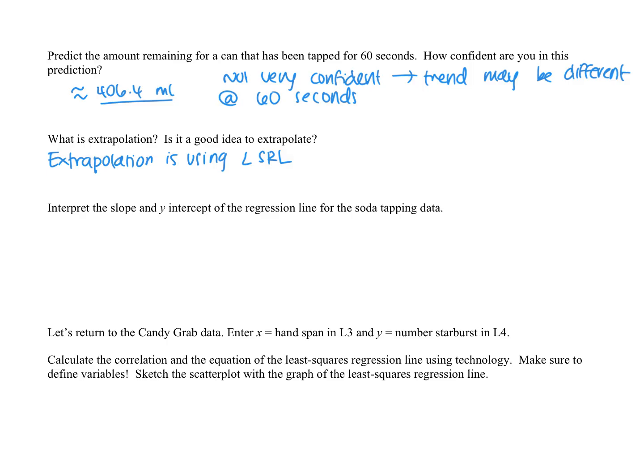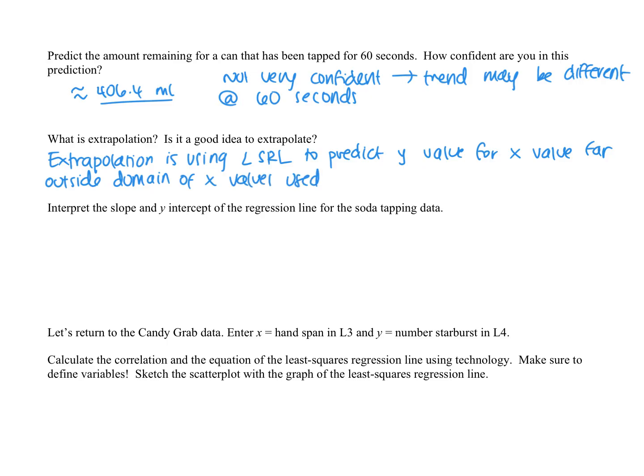So it's using your line of best fit to predict a y value for an x value far outside the domain of the x values used to create the line.